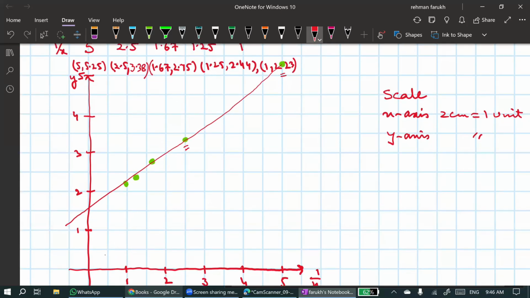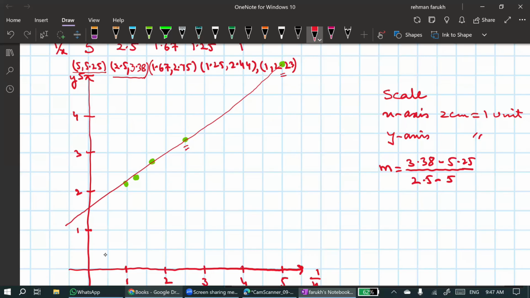2.5 and 5, the first 2 points. Now we will use these 2 points to find out the values of h and k. Gradient is equal to 3.38 minus 5.25 over 2.5 minus 5.